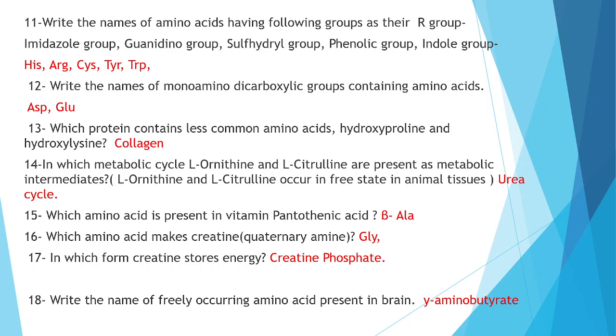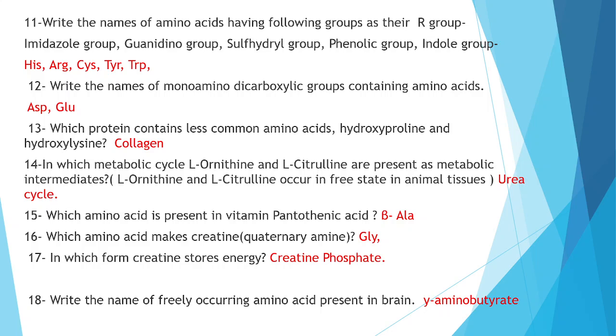Vitamin pantothenic acid contains beta-alanine. सारे 20 अमीनो एसिड्स जो हैं वो सारे अल्फ़ा अमीनो एसिड्स होते हैं, बट जो कुछ एक्सेप्शंस हैं वो कहीं कहीं आपको मिलते हैं. और विटामिन pantothenic acid is such that it contains beta-alanine.